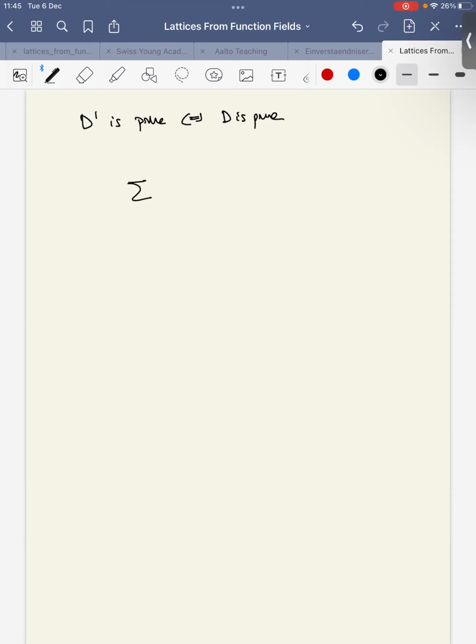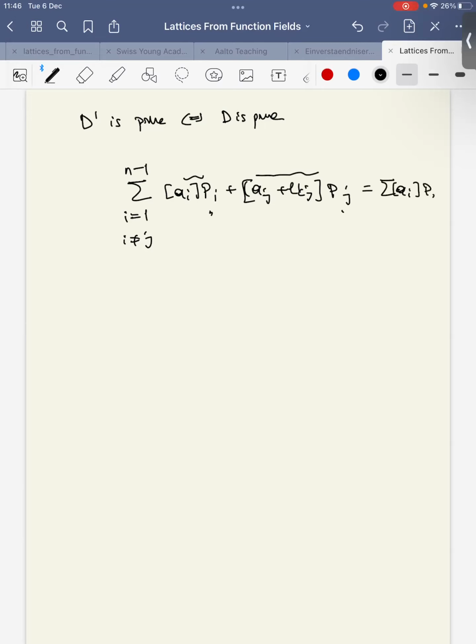And the sum of the rational points a_i P_i and a_j plus L k_j, again, it denotes the a_i summands or a_j plus L k_j summands of the places P_i and P_j, is equal to a_i P_i.